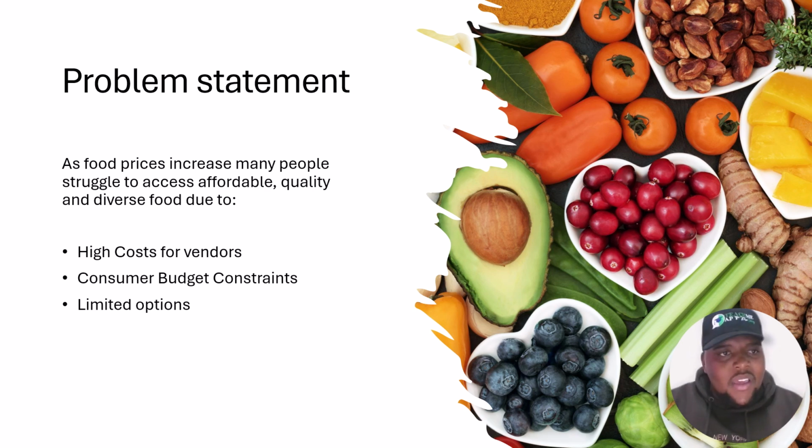What is the problem? People are struggling to access affordable, quality and diverse food. That's the problem we're solving for. The causes are high cost for vendors, consumer budget constraints, and limited options. When you have limited options, it's because of how expensive they are.